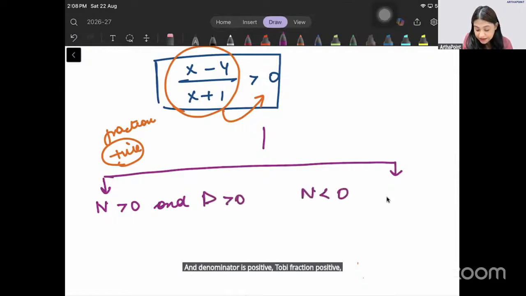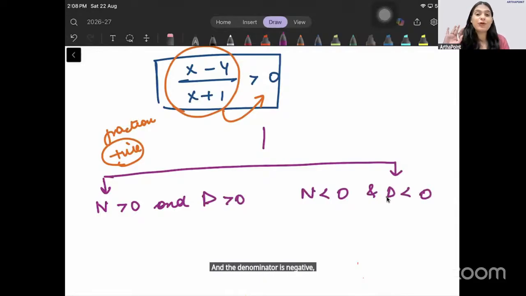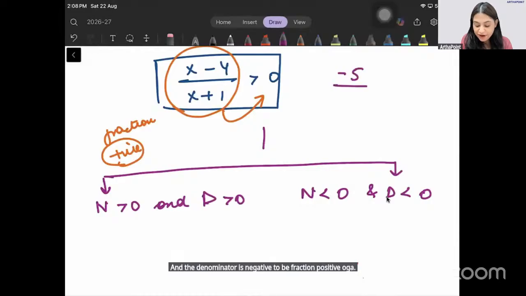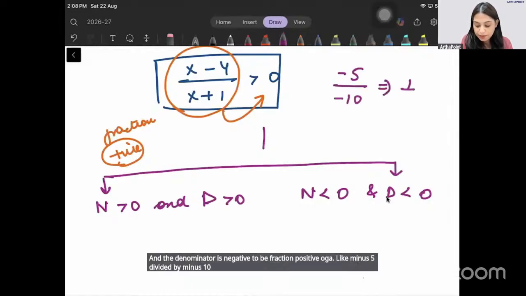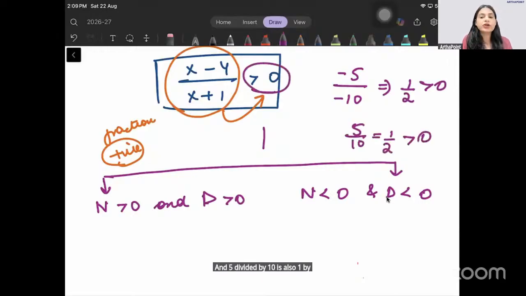Or numerator is negative and denominator is negative, then also the fraction is positive. Like minus 5 divided by minus 10 is 1 by 2, then also it is greater than 0. And 5 divided by 10 is also 1 by 2, which is also greater than 0.